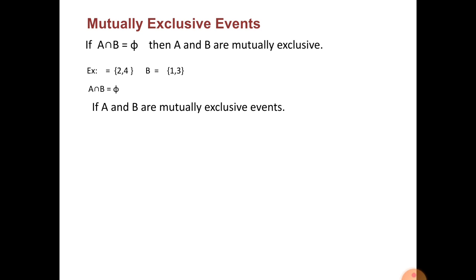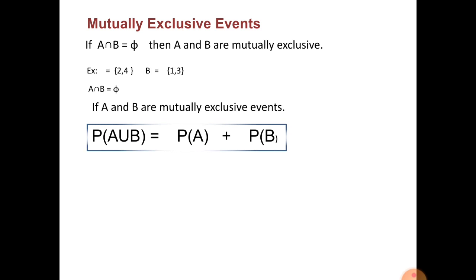So here we can say that A intersection B is null. So if A and B are mutually exclusive events, we can write the above formula as probability of A union B equals probability of A added to probability of B. That is very simple to remember because there is no intersection, so you can use it from the previous equation.